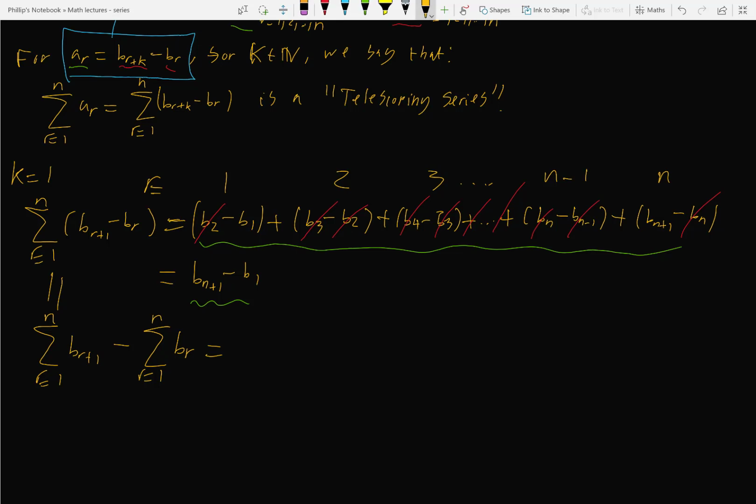So if we look at the case when r is equal to 1, minus b1 is going to be given in that equation, but there's going to be no b1 in this equation.